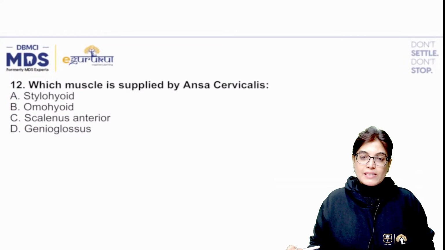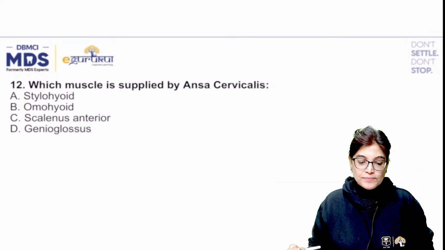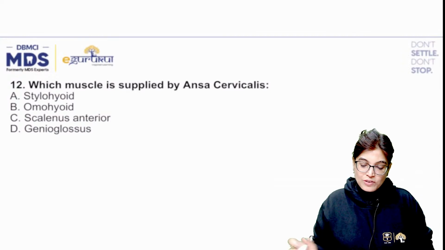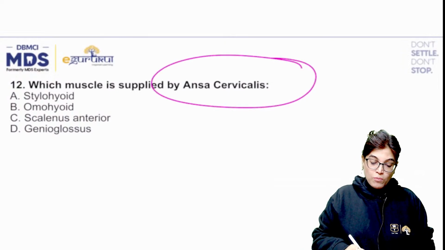What is the muscle supplied by ansa cervicalis loop? Please mark the right answer. If I am talking about ansa cervicalis loop, the right answer will be omohyoid.